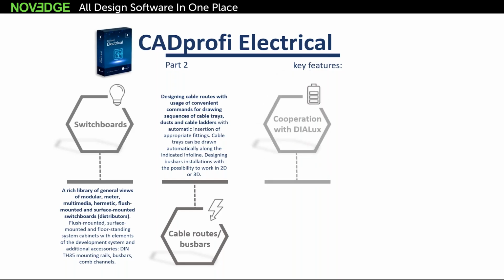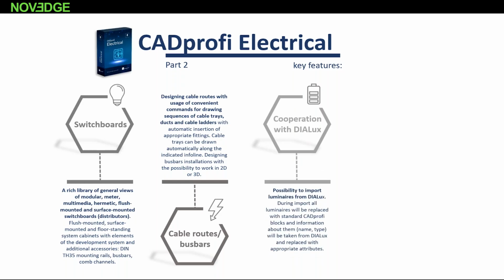Our software also cooperates with a software named Dialux, and in this case we are speaking about the possibility to import luminaires from Dialux. During import all luminaires will be replaced with standard CADprofi blocks, and information about them, like the name and the type, will be taken from Dialux and replaced with appropriate attributes.